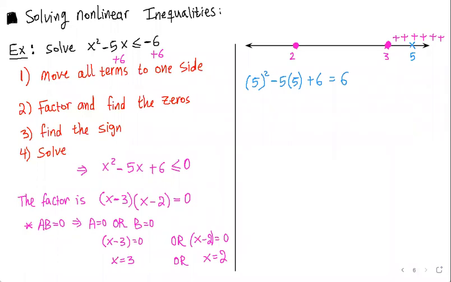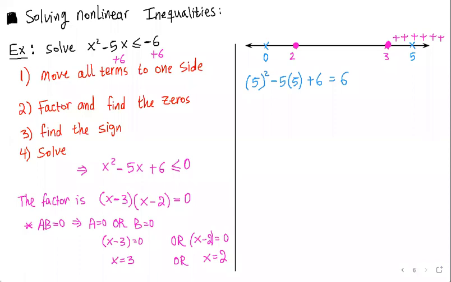Now pick any number less than 2. Pick an easy number less than 2. -1. What about the 0? Is the 0 less than 2? Yes, so the 0 is here.